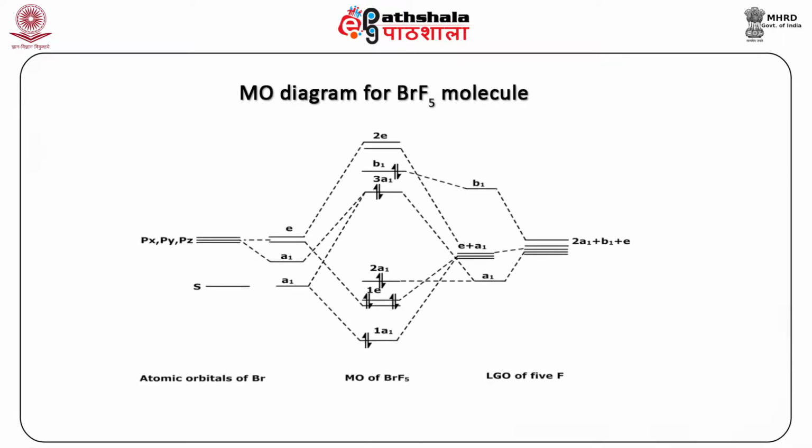Using ligand group orbitals of A1, B1 and E type of the F5 fragment on the right hand side of the molecular orbital diagram, and symmetry of the s and p atomic orbitals of the bromine atom on the left hand side, and matching the symmetry and taking energy into consideration, the molecular orbital diagram for the BrF5 molecule may be constructed as shown in the figure.